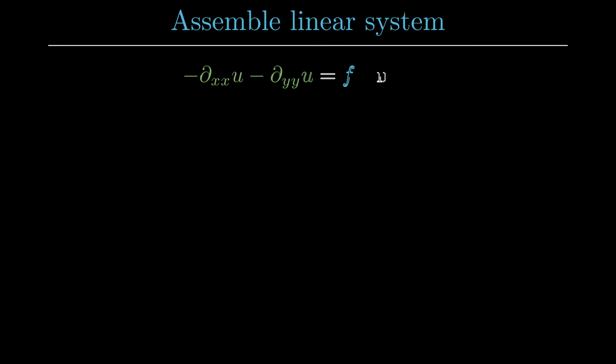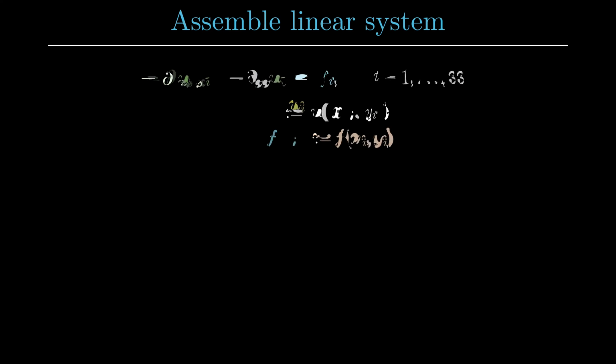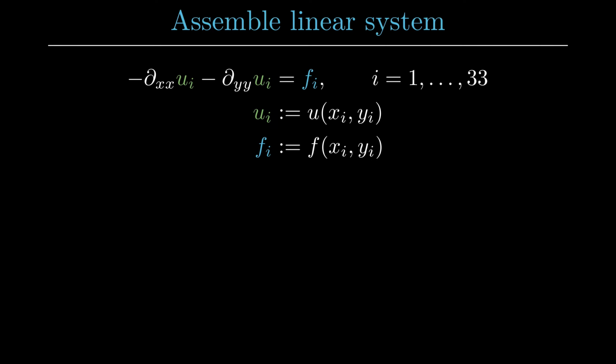Now let us go back to Poisson's equation. If the equation should be fulfilled on the entire domain, it should also be fulfilled in our grid points u1 up to u33. Here we use the notation ui for the value of u at the ith point and fi for the value of f at the ith point.